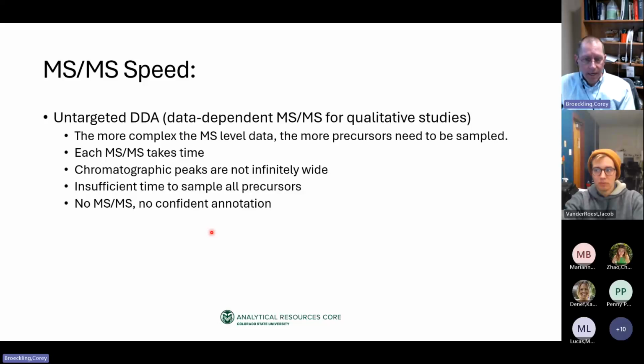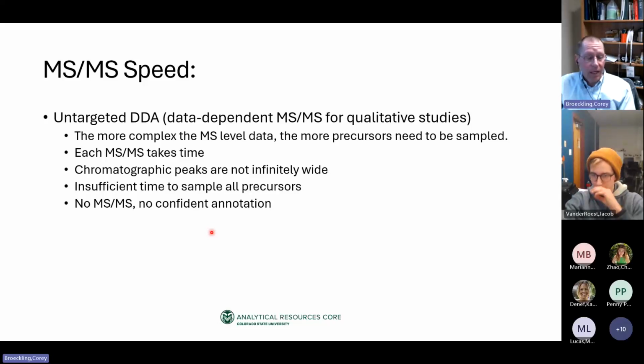You might only have a few seconds to sample a given precursor. If there is not enough time to sample all the precursors, then you don't get MSMS data on them, and you can't identify them with any confidence. And so this is a case where MSMS speed can prevent you from performing a very detailed characterization of what's in your sample.